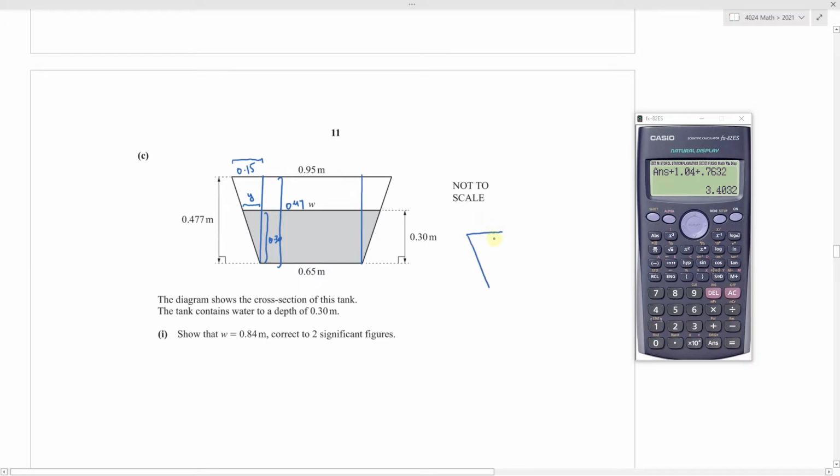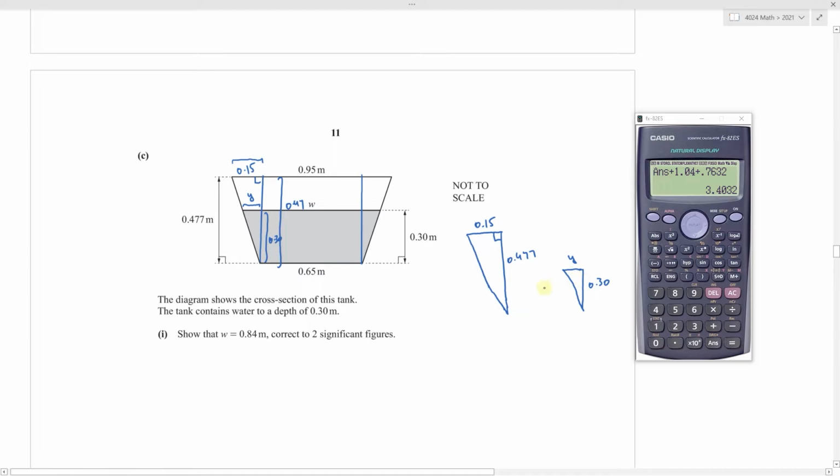So this is the larger one. This angle here is 90 degrees. This side is 0.15 and this side is 0.477. And this is the internal smaller triangle. This side is y. This is the depth of water, which is 0.30.